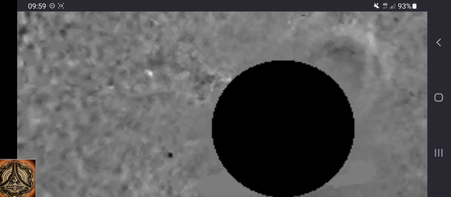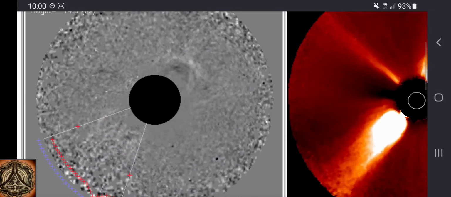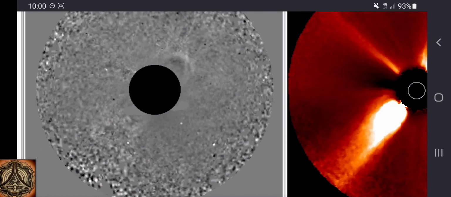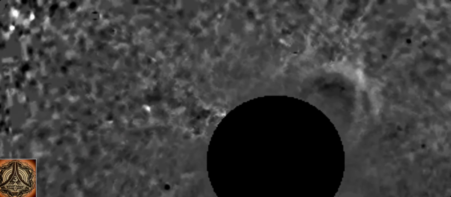There's not really an eruption going on there. Okay. So that's screenshot number 1. And I cannot tell you what exactly we are looking at.